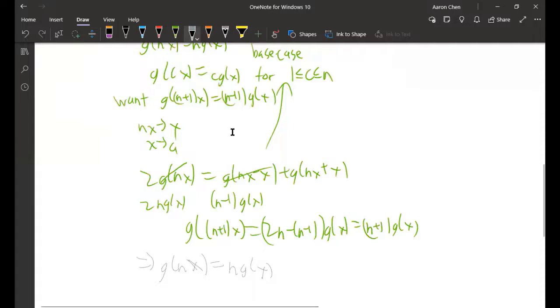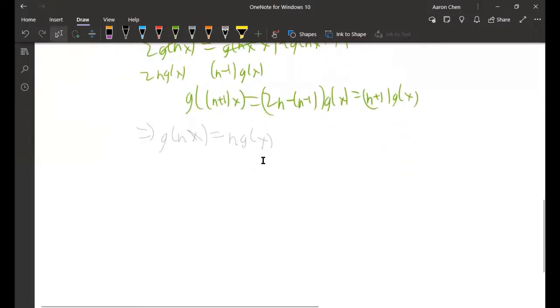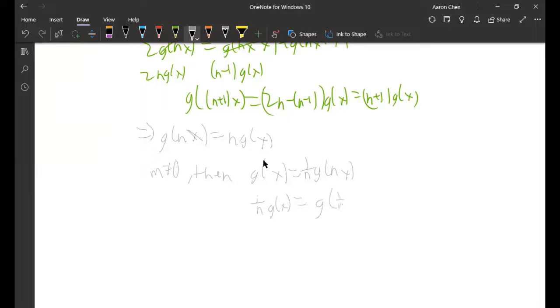And so what that means is that as long as n is not equal to 0, then we have that g of x is equal to 1 over n g of nx, or what that also could be is 1 over n g of x is equal to g of 1 over n times x.